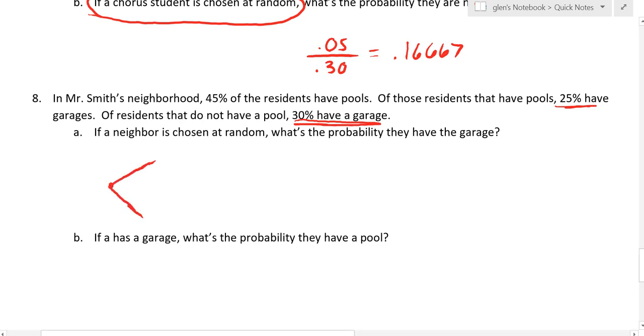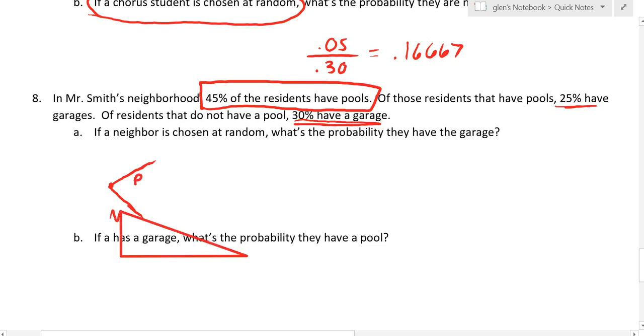Those branches have to be the percentage I only gave you 1 time. Pools. So either a person has a pool or they don't have a pool. Okay? The probability they have a pool is 0.45, so the probability they don't have a pool is 0.55.